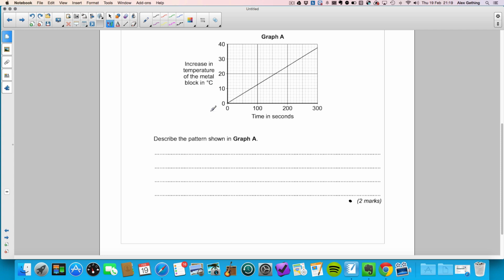Looking for here is quite simply that temperature increases and time switched on are directly proportional.